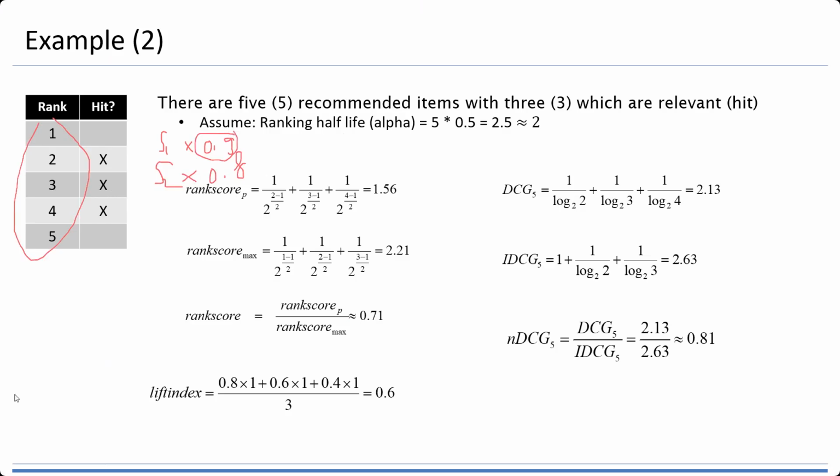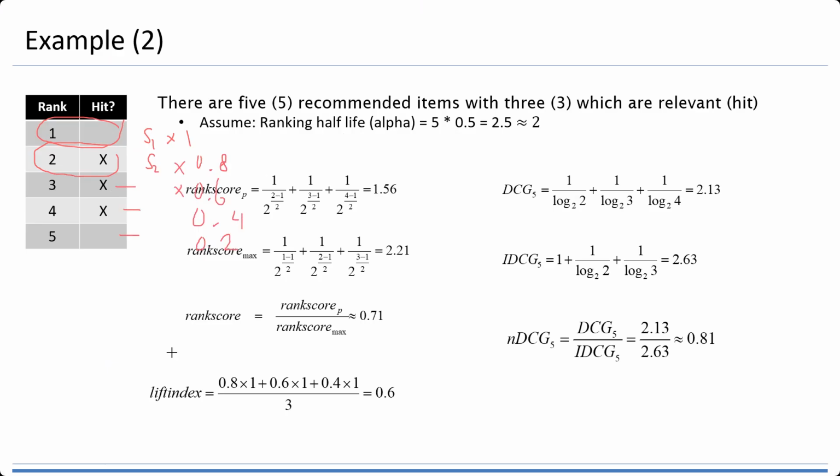It means if it is in the first, let's multiply with 1. If it is in the second, let's multiply with 0.8. If it is in the third, let's multiply with 0.6. If it is in the fourth rank, let's multiply with 0.4. If it is in the fifth, let's multiply with 0.2.